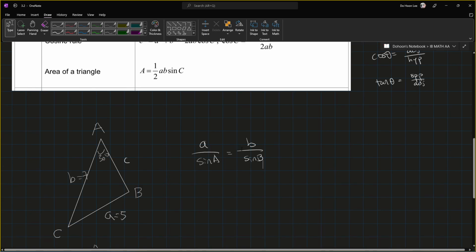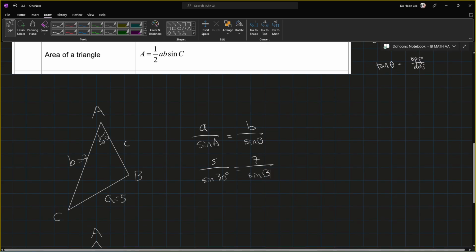Okay. And then I know small a, which is 5. I know big A, sine 30, equals b is 7, sine B. And then we can solve for sine B by isolating it.